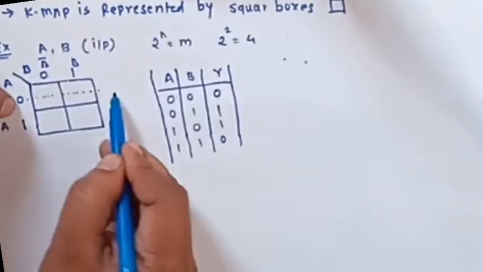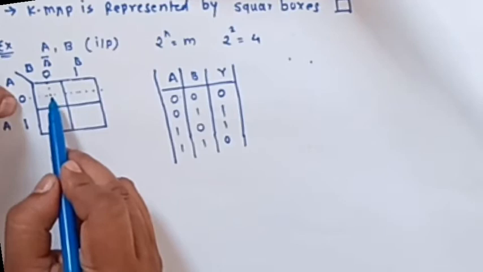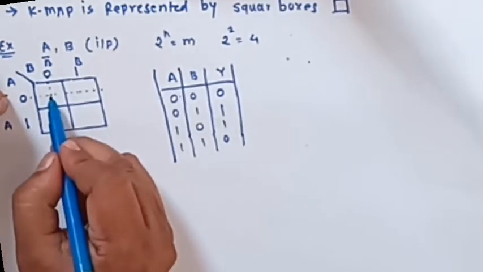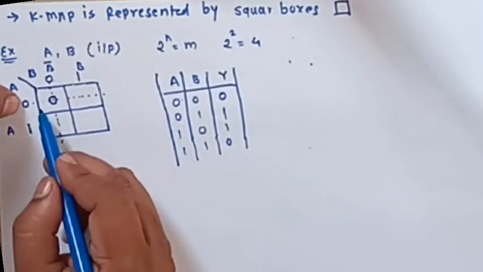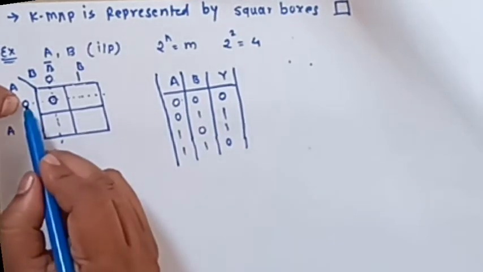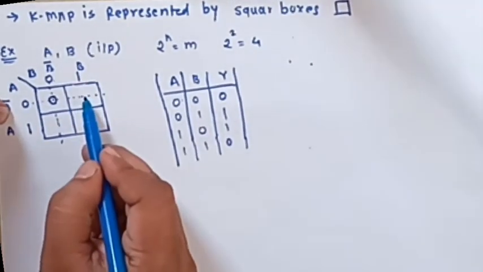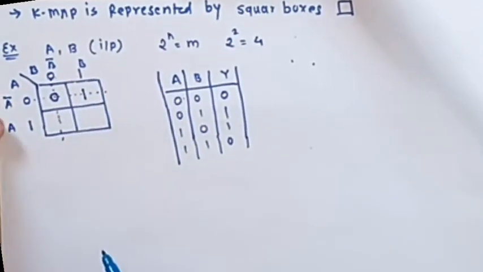Output Y is 0, so here you need to draw 0. Next A equal to 0, consider the same row, and B equal to 1, the value is 1, so here we have to draw 1.